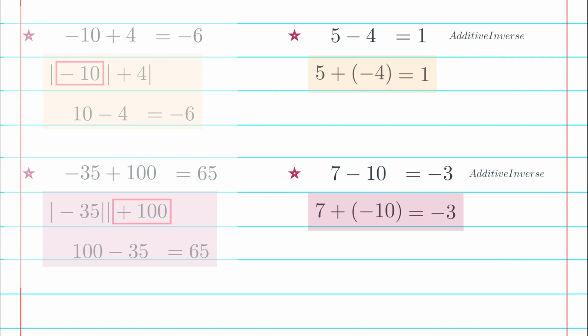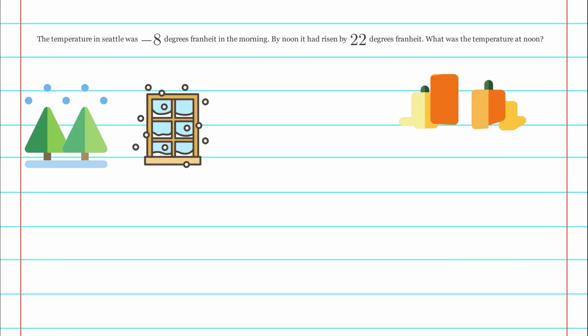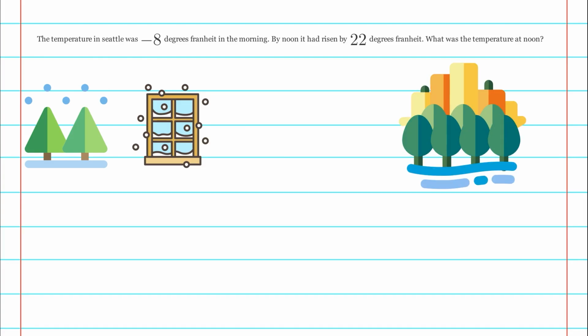Let's apply this knowledge to solve some real-world problems. The temperature in Seattle was negative 8 degrees Fahrenheit in the morning. By noon, it had risen by 22 degrees Fahrenheit. What was the temperature at noon? Now, just by looking at this problem, can we tell if it's an addition or subtraction problem?